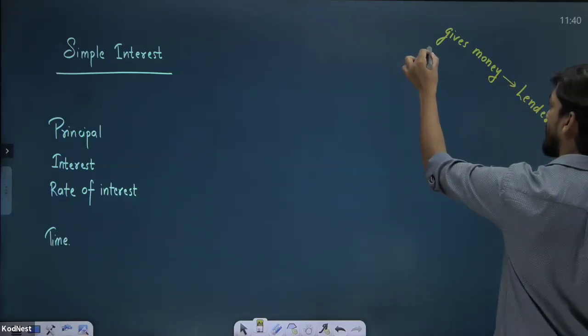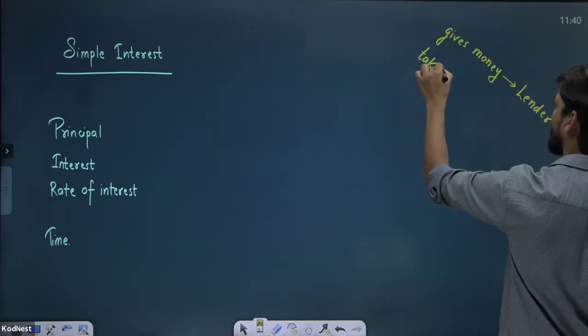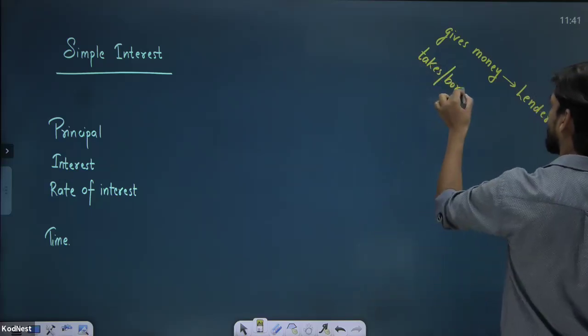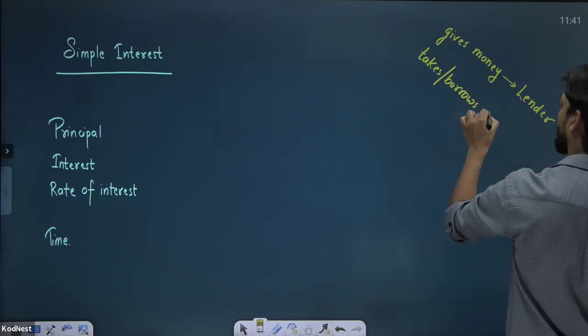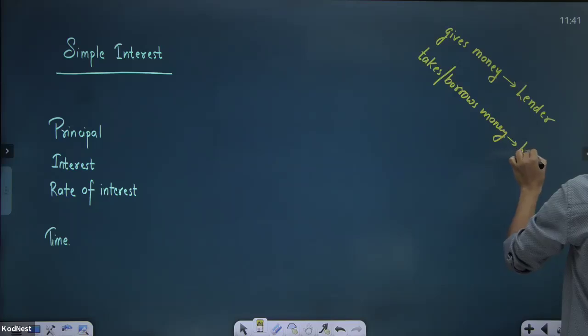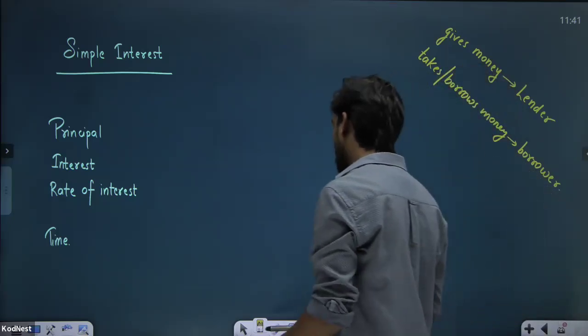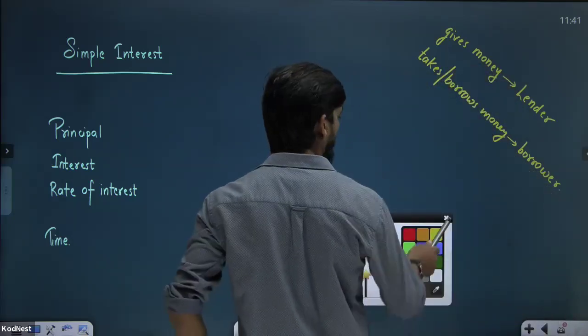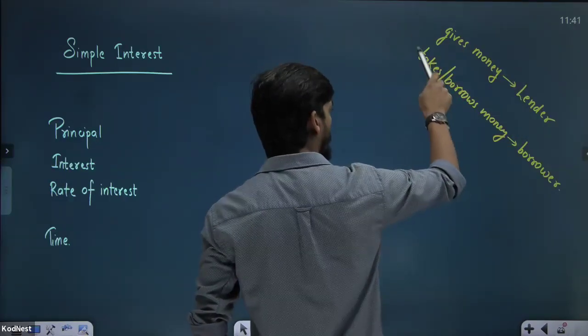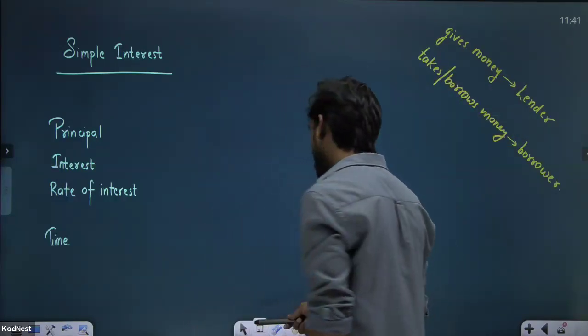The person who takes the money or borrows money is called as borrower. Okay. I've written the values, although might not be used, but you should know. Lender means a person who gives the money, and borrower who borrows money.